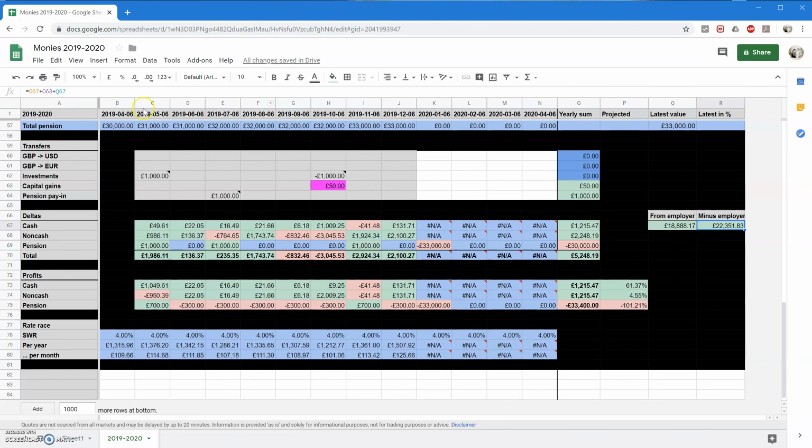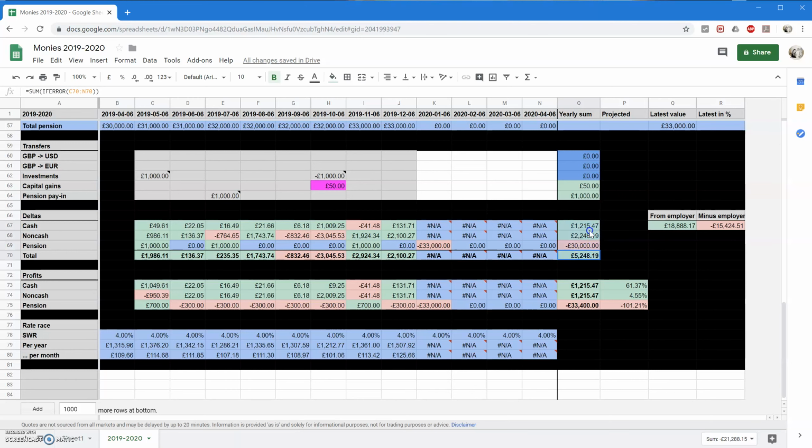Yeah, that was actually right. So O67 and 68 are these ones. Yeah. So this is actually including everything, including pension. So I just misspoke that I made a profit of 5,000.